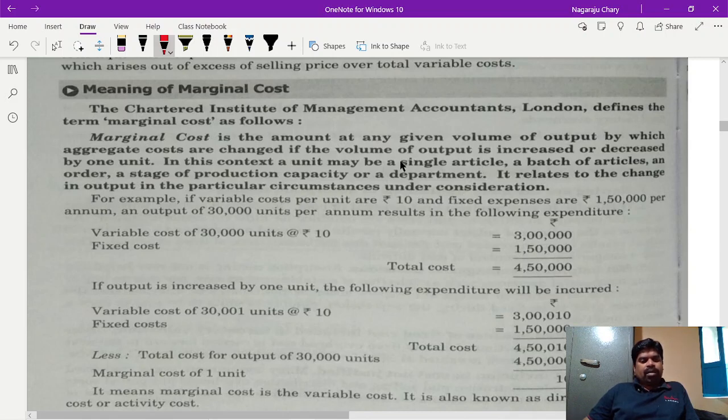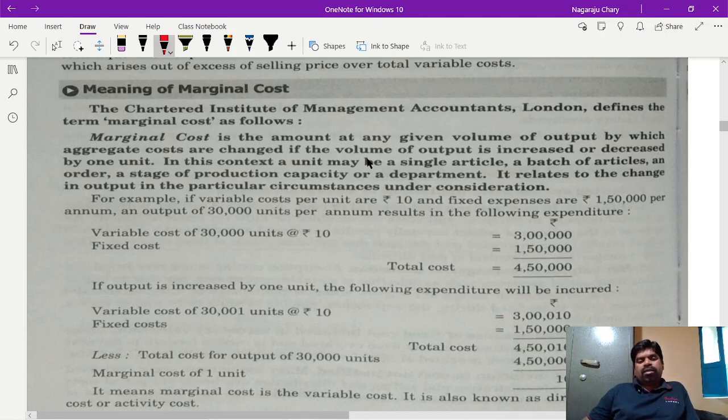So at a given volume of output, the aggregate cost may be changed. It may be increased, it may be decreased. What is to be incurred? The additional cost of producing 1 additional unit or decreasing 1 unit.